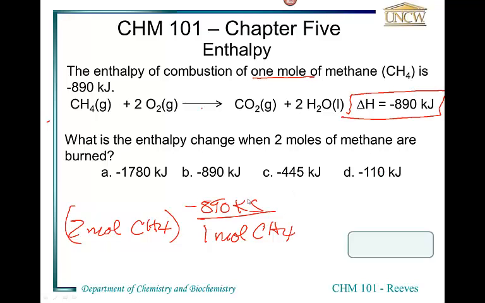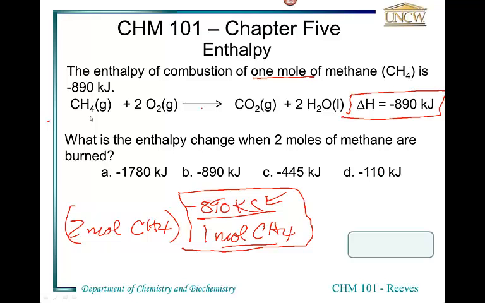And you see what I've just done is to turn the information into an intensive quantity that allows me to convert between the amount of substance and the energy it produces in the form of heat. So I took the enthalpy change and matched it up to the amount of methane that produced it.